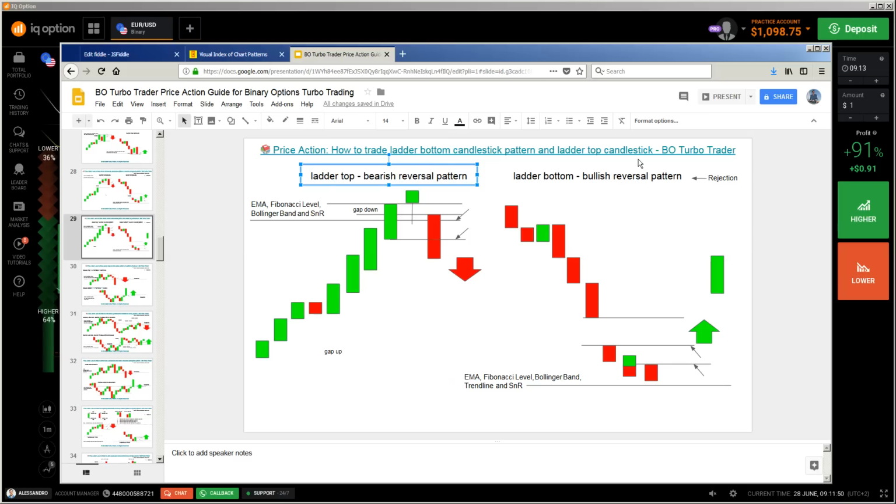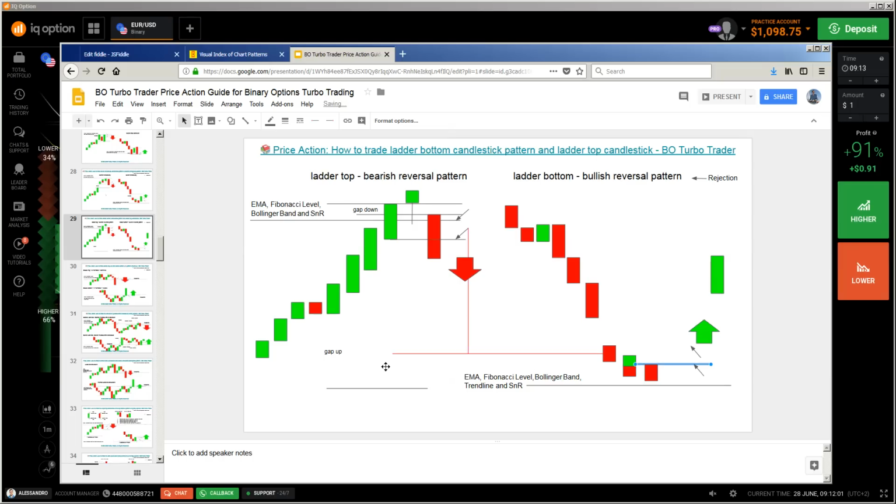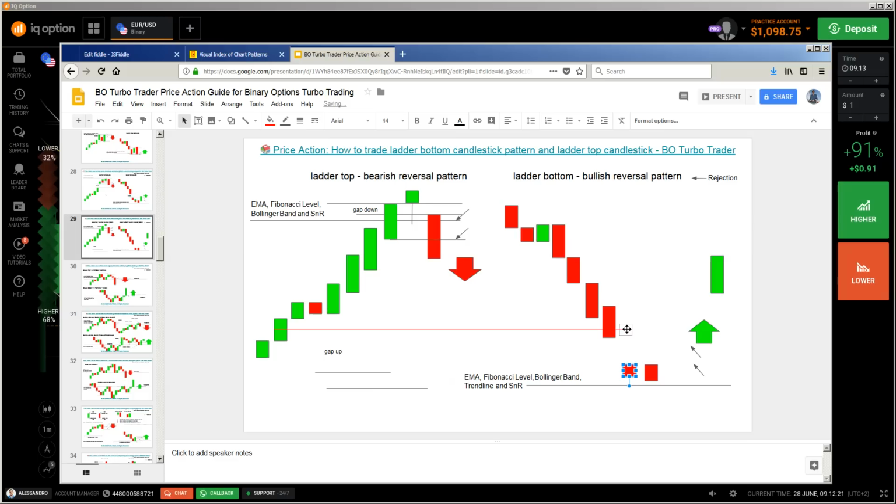I will think about it, and then I will see if I'm going to do some video about this. But to be honest, I have not the idea to do every kind of candlestick. There are so many, and if you never see such a candlestick, why should I explain them? That is not my intention.